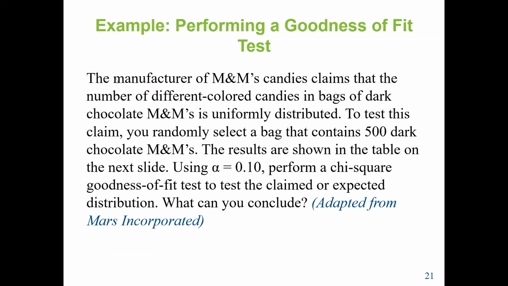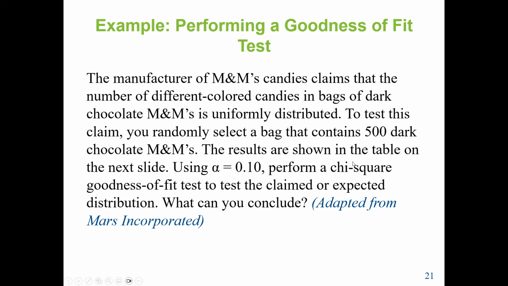So let's try one more example. Here we have a manufacturer of M&M candies who claims that the number of different colored candies in bags of dark chocolate M&Ms is uniformly distributed. Now, to test this claim, you randomly select a bag that contains 500 dark chocolate M&Ms.